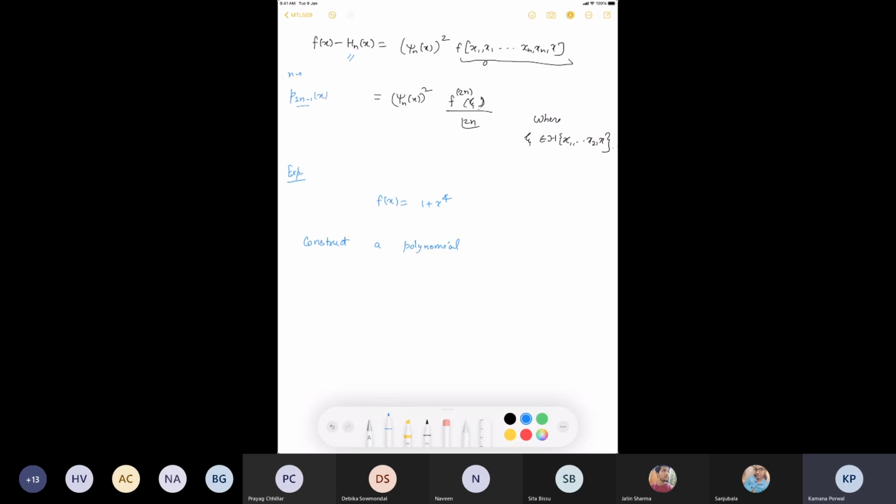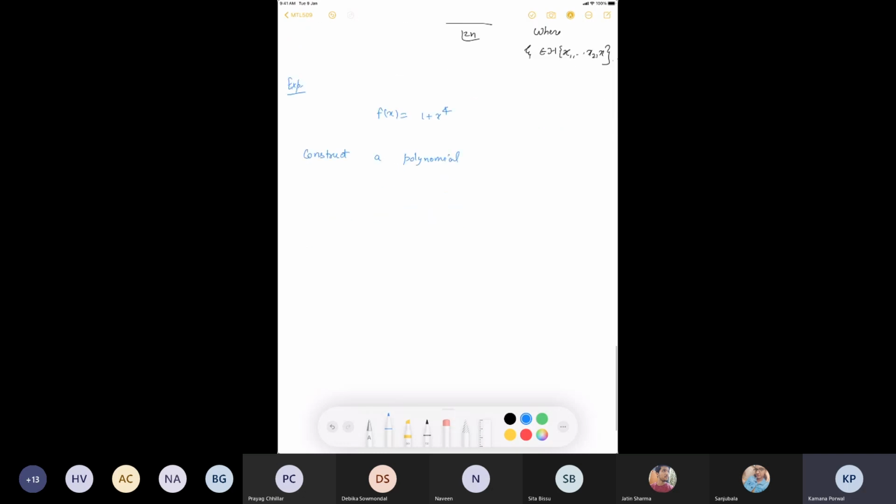So this clearly tells us what is going to be the degree of the polynomial. So let me write that. Construct a polynomial. So I'm going to have 3 nodes, so this is going to be p5(x), such that p5(x) will coincide with f(x) at the nodes xi's, and the xi's are going to be -1, 0, 1.